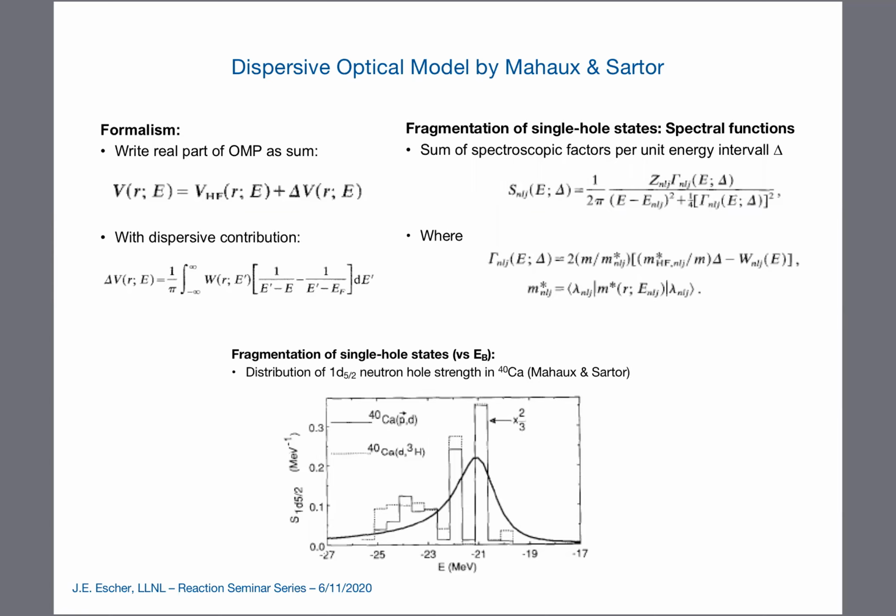Another advantage is that you get an expression for the spectral strength, that is the spectroscopic factor per unit energy interval. And this is the part that I've been after.